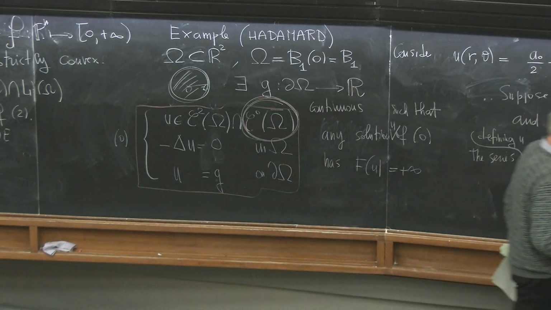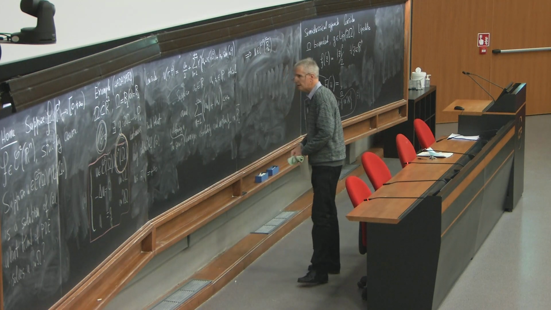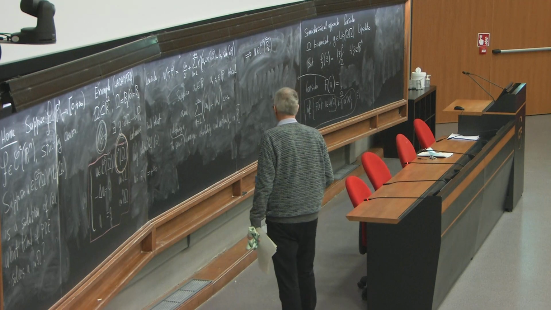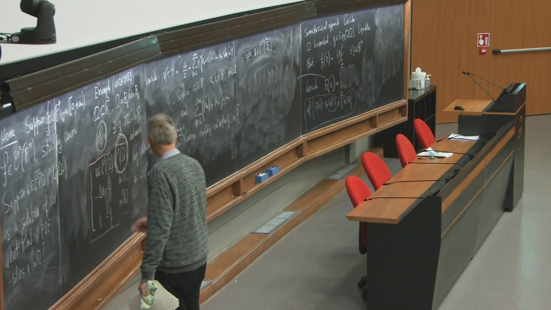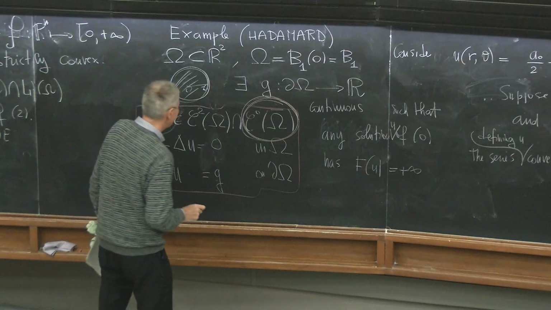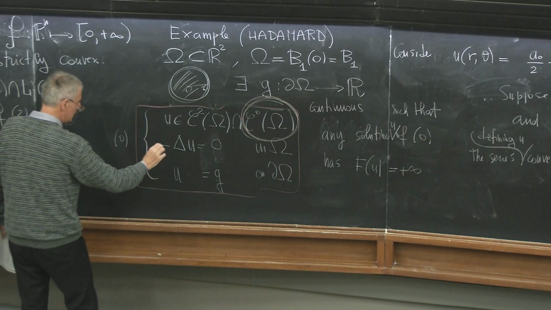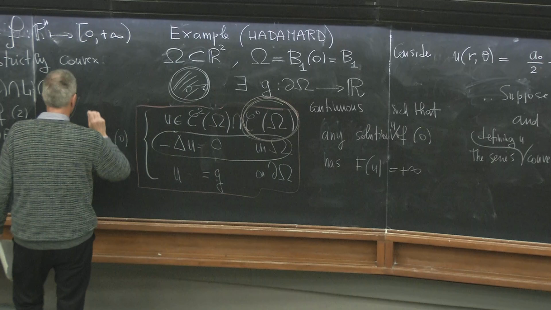Now to go on, I would like to have that u is a classical solution. Sorry, I need the definition. Classical solutions of this PDE alone, so C2 solutions of this, are called harmonic functions.